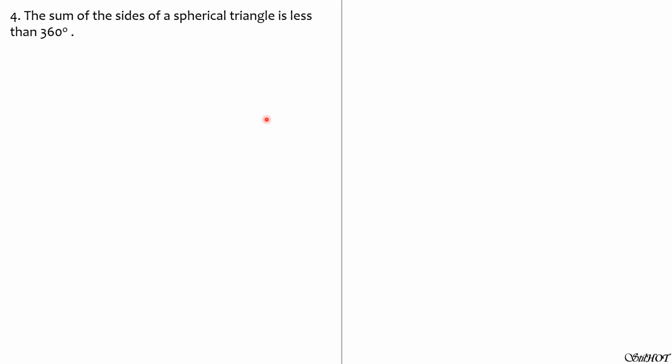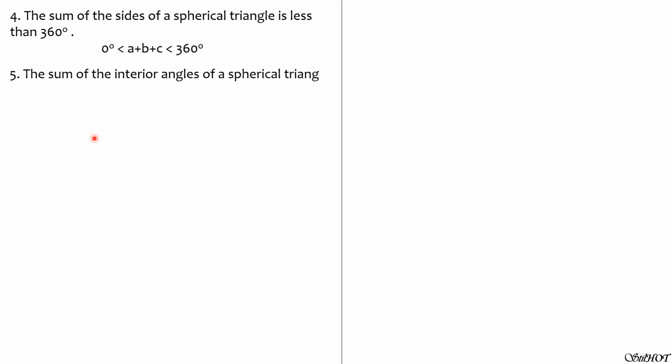So if each is less than 180 times 3, that's 540. So number 5: the sum of the interior angles of a spherical triangle is greater than 180 degrees but less than 540 degrees.